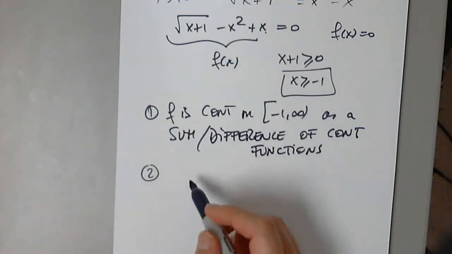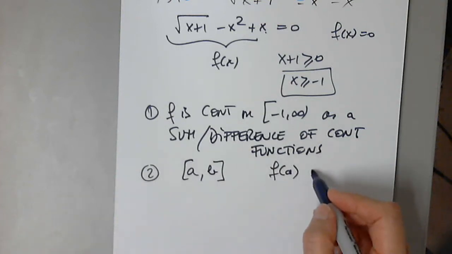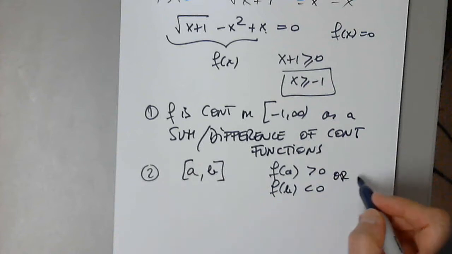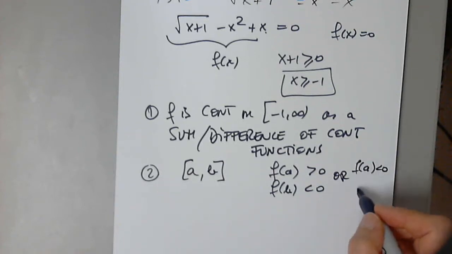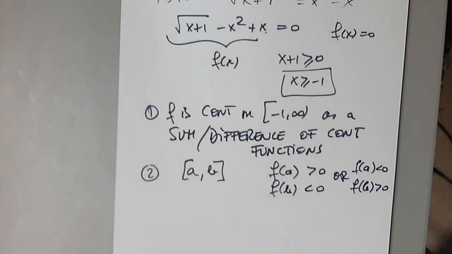Now with the graphing calculator, I have to find an interval a comma b where f of a is positive and f of b is negative, or f of a is negative and f of b is positive. And then by the intermediate value theorem, because the function is continuous and it changes sign on the interval, obviously there must be a 0 or a solution of f of x equals 0, somewhere between a and b.